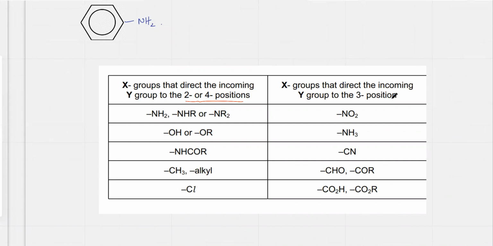The other ones are 3 directing groups, which are attached to NO2, NH3, CN, aldehyde, or carboxylic acid. So you have these 2 types of groups. Now, what effects do these groups have on the benzene electron cloud? We're going to discuss that.